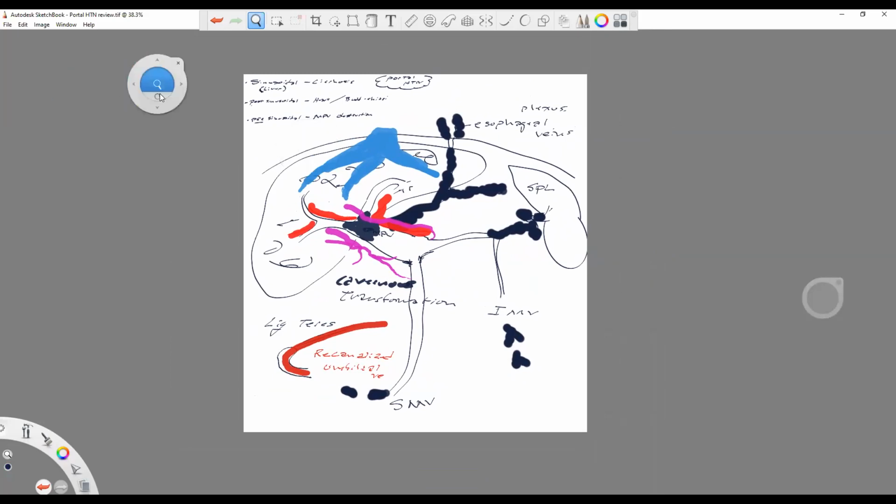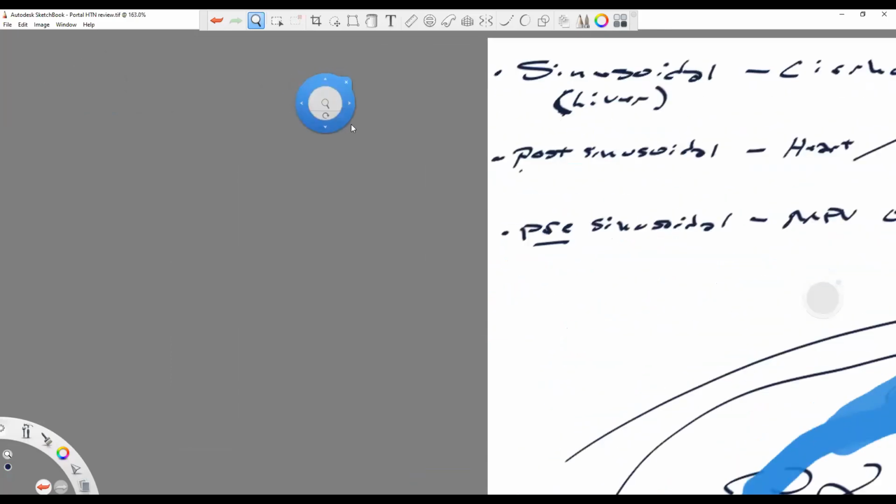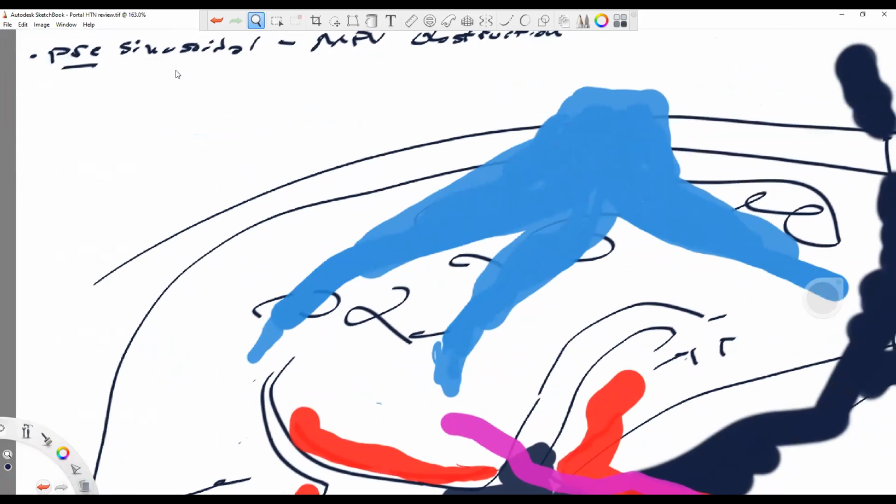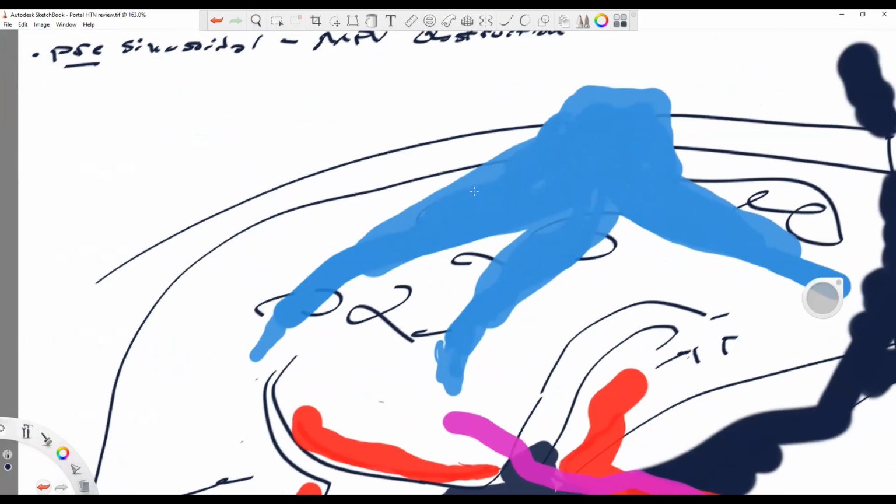Let me add something about waveform. When we look at the waveform here, and we'll put a spectral pulse wave right here. So my region of interest is right here.